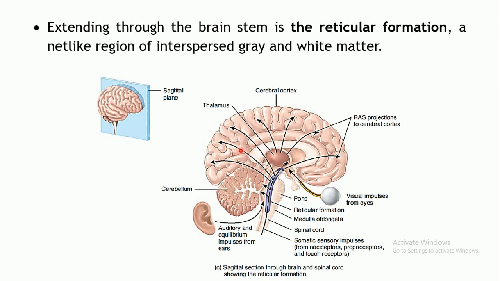It has several functions, as you can see from the arrows, supplying various areas of the brain. We'll consider the reticular formation in detail, but it is also part of the brain stem, and it extends up to the diencephalon also.